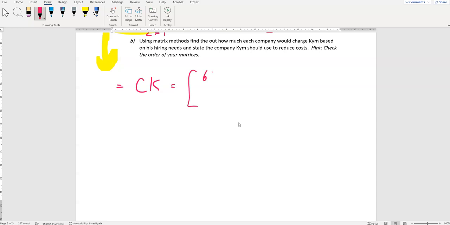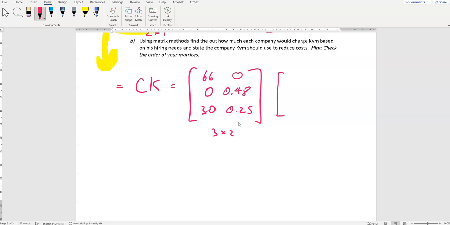So that's going to be 66, 0, 48 cents, and a 30 and a 0.25. There you go. And that's a 3x2. And K is a 2x1, so that's going to be 4 days and 560 kilometres here. So 2x1. So we check we can do the multiplication. All good. These numbers are the same.